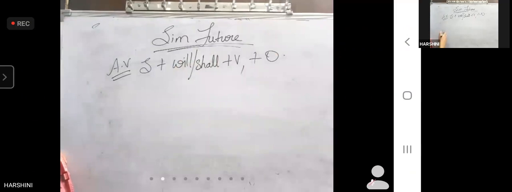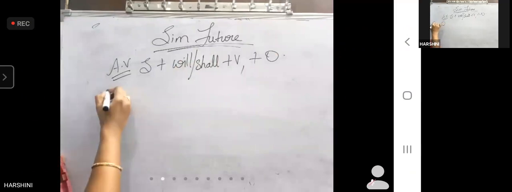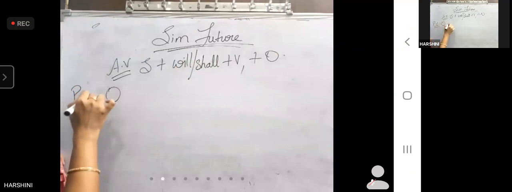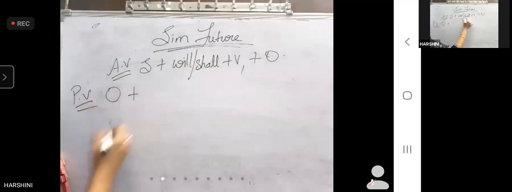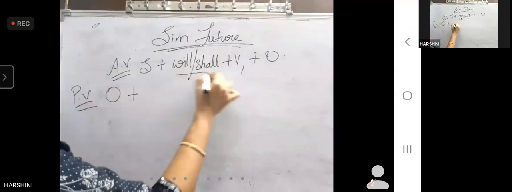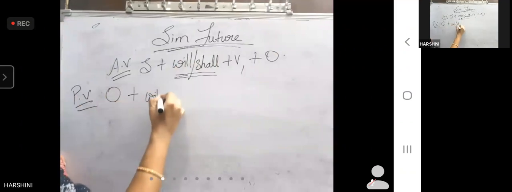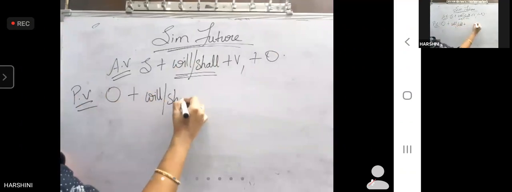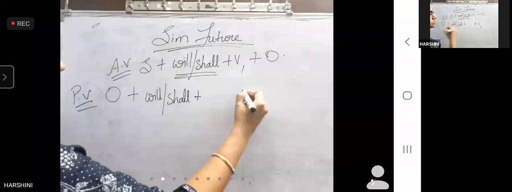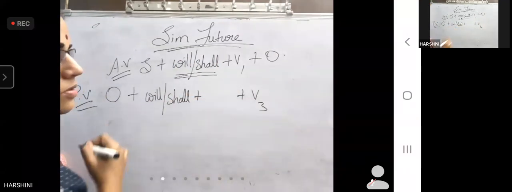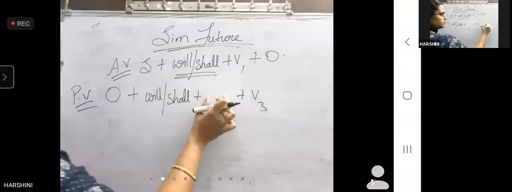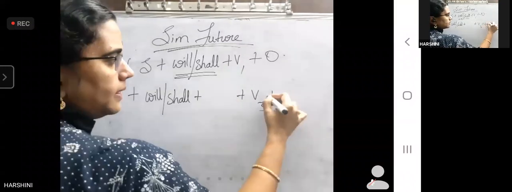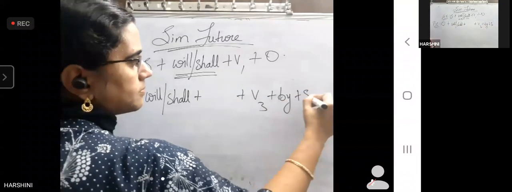Now we need to convert this into passive voice. It becomes: object plus will or shall, because it is future, plus V1 changed to V3, plus by plus subject.